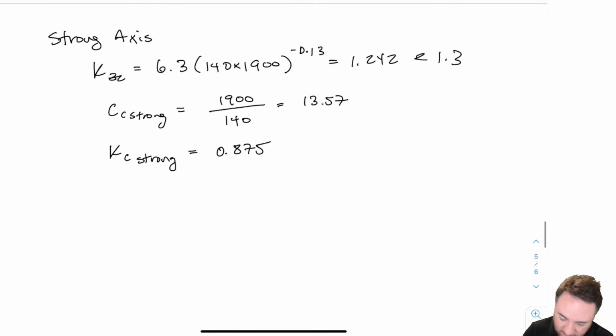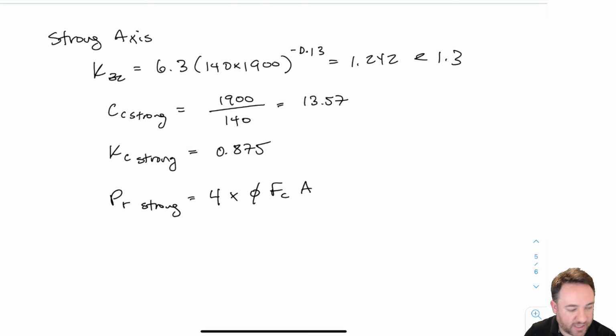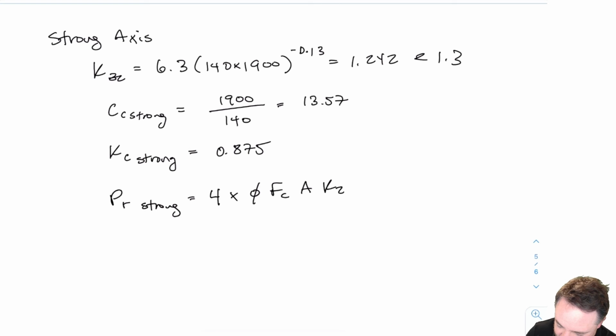And now when I calculate my PR for strong axis buckling, I have 4 of them. So I have 4 times phi times FC times A. Now that's A of the individual element now, times KZC times KC. No reduction, but I didn't have a reduction before.